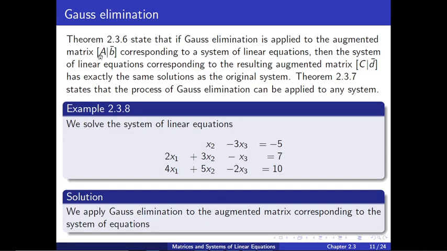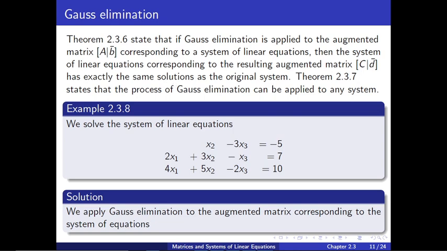So in summary, theorem 2.3.6 states that if Gauss elimination is applied to the augmented matrix AB corresponding to a system of linear equations, then the system of linear equations corresponding to the resulting augmented matrix CD has exactly the same solutions as the original system.